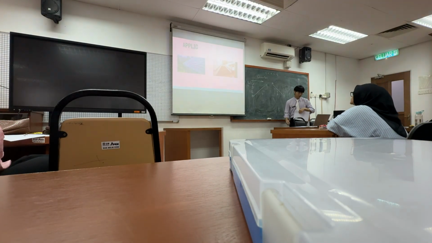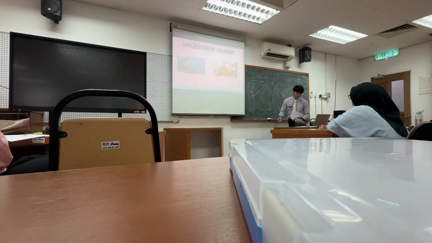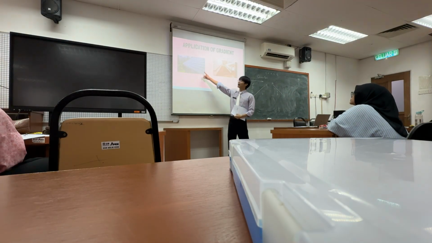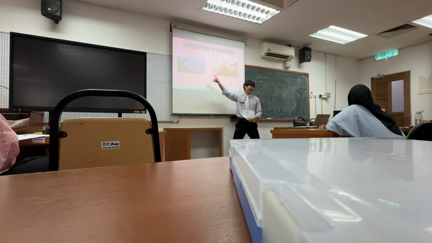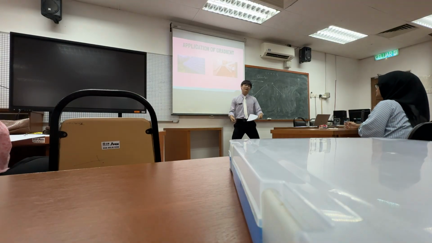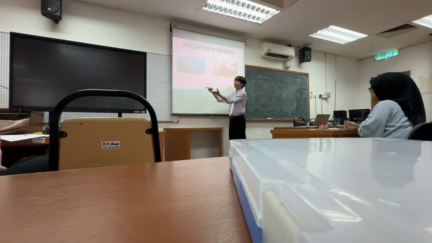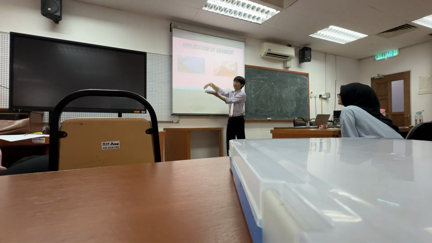Now we look at some applications of gradient. For picture 1, a roof, we also apply gradient. Imagine a roof that is flat like this. Rainwater comes down. Can it flow quickly or not?